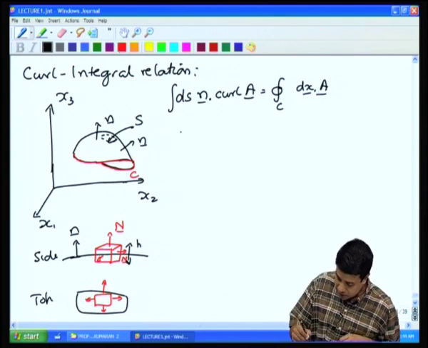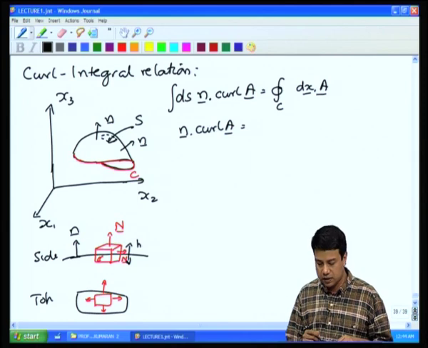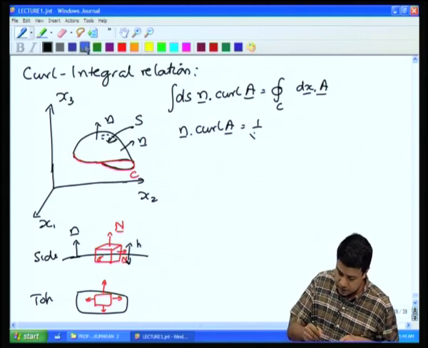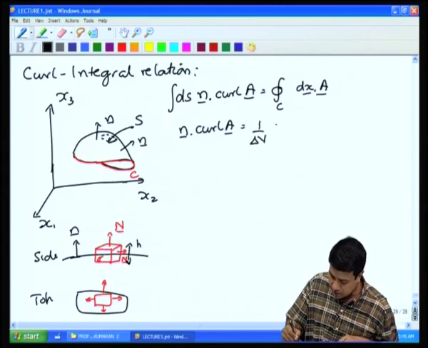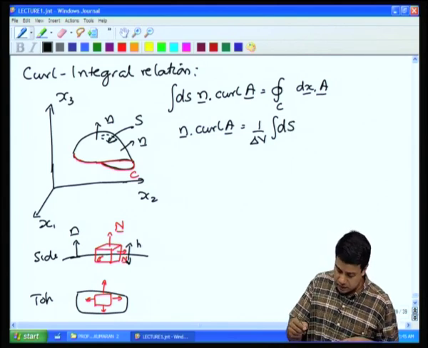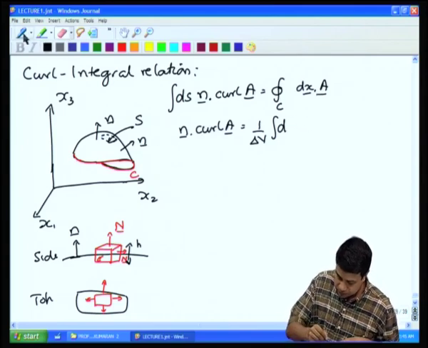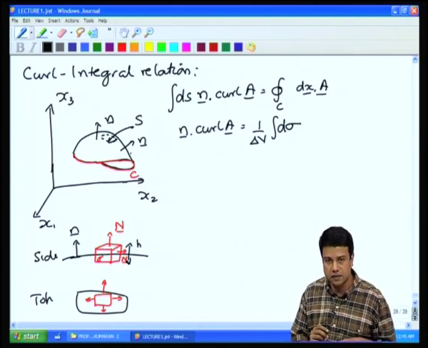So, if I take this n dot curl A, n dot curl A is equal to, for this differential volume, 1 by delta V integral over all the surfaces. Let me call this differential volume surface sigma, in order to not confuse it with the surface S that I already have.